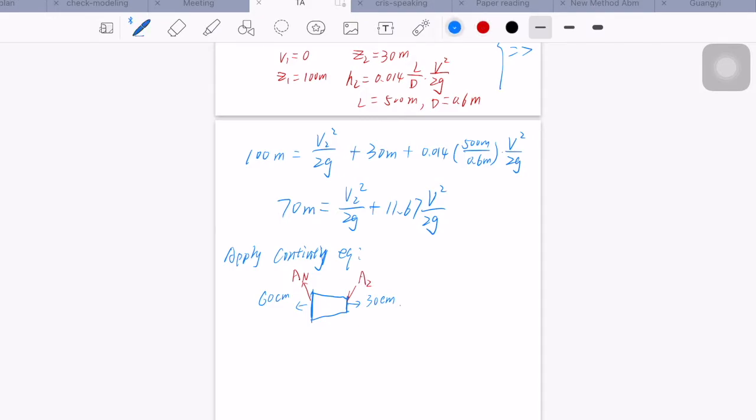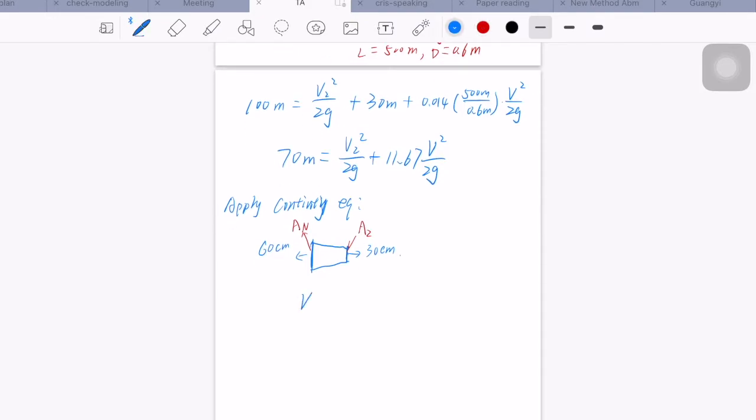So V times AN equals V2 times A2, where V is the velocity in the pipe.